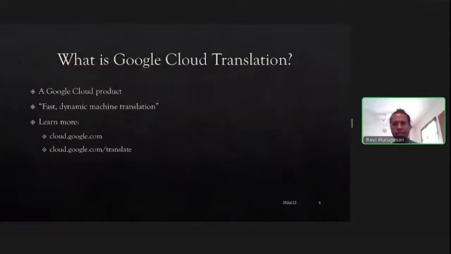To access it, you need to go to cloud.google.com. There are a lot of products over there, just like AWS has many products. Google Cloud also does. I don't know that much about Google Cloud. I just know about this cloud translation product.